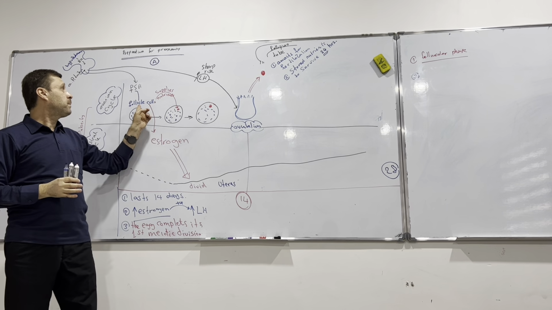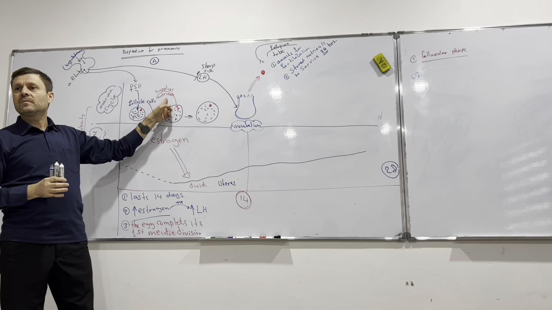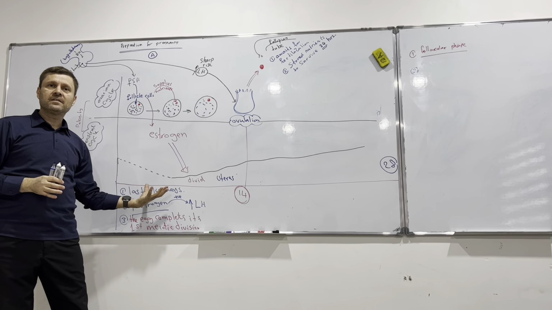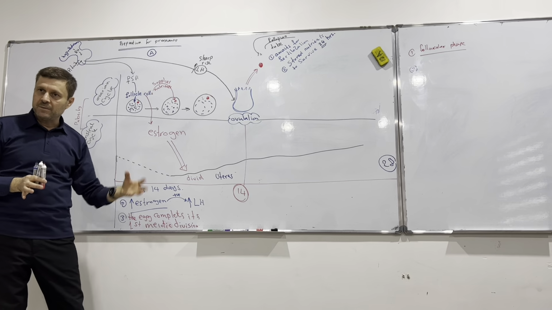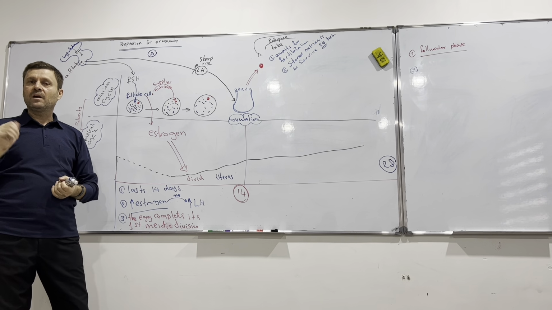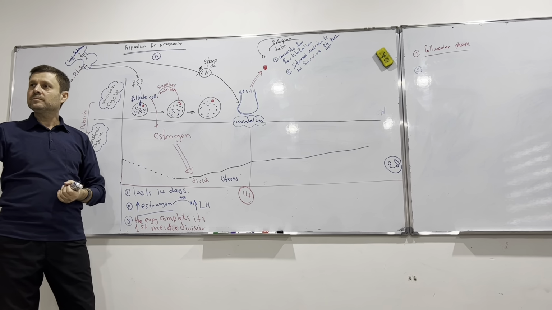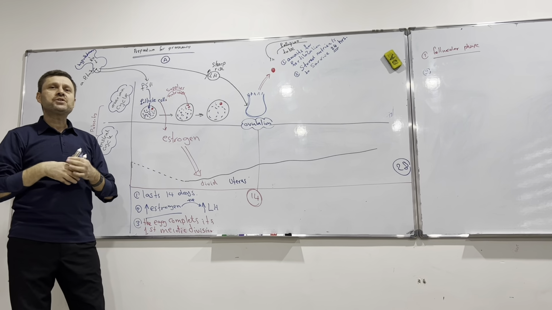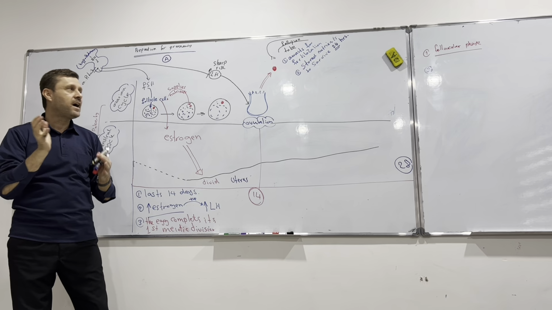Two: it supplies nutrients to the egg. Right. Three: it produces estrogen during the follicular phase. All of them are right. Which of the following is right regarding follicle cells?